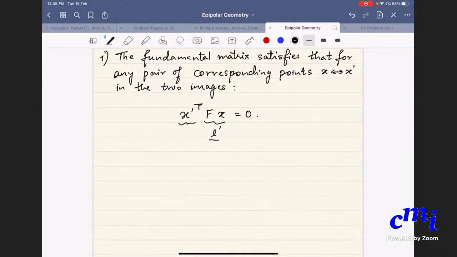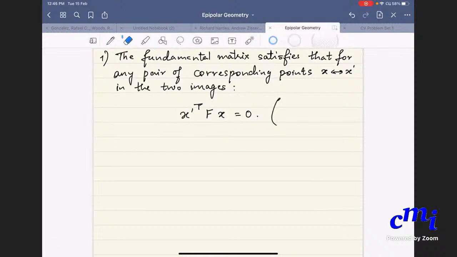Saying that a point x lies on a line L is the same as saying that x transpose L is 0. So we are not saying anything very new here, but this is a very useful and handy formulation of a very important property of the fundamental matrix. And so this is also taken as the definition of the fundamental matrix.